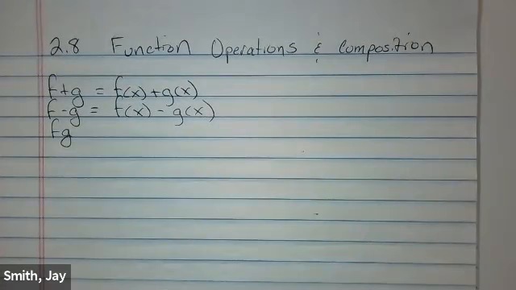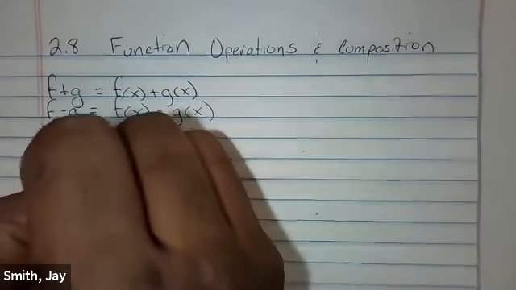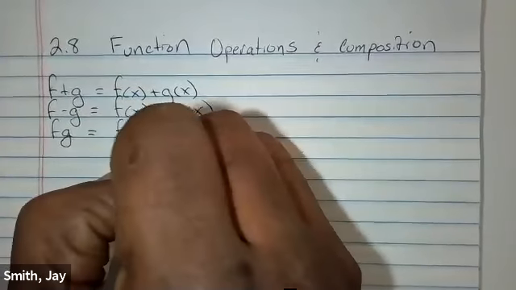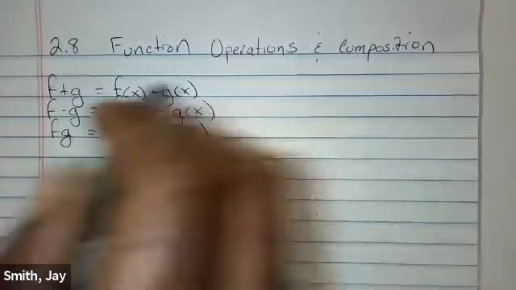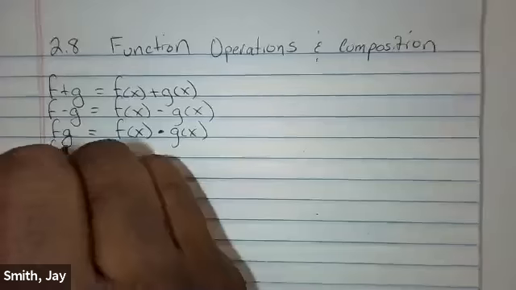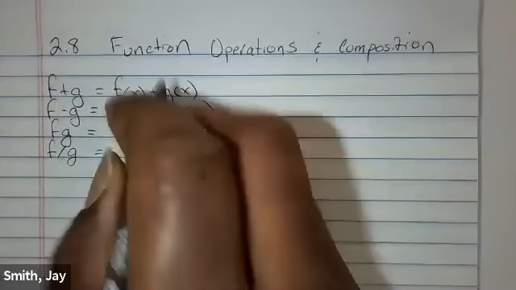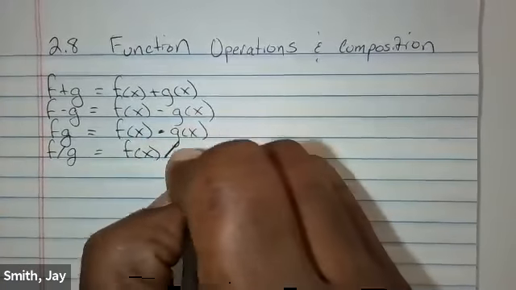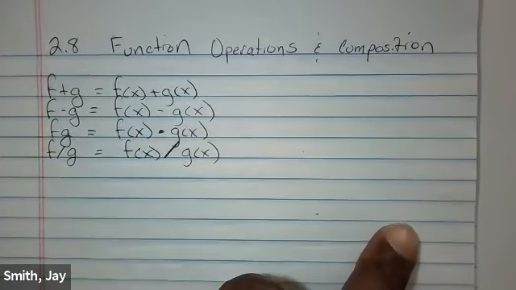We're asked to find fg, which is understood to be multiplication. So by definition, this is f of x times g of x. And we're asked to find f divided by g. By definition, this is f of x divided by g of x.